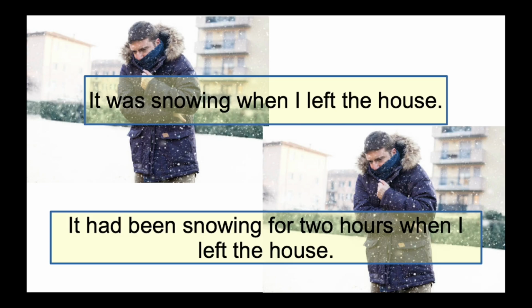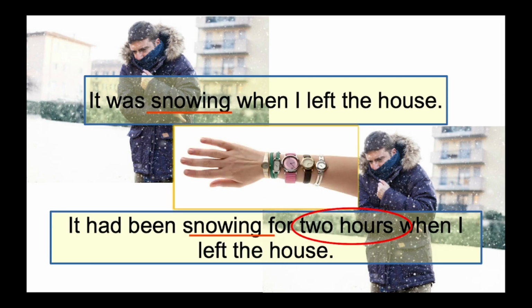Simply put, the difference is, while the past continuous tense merely shows continuity, the past perfect continuous tense shows continuity and puts an emphasis on duration. So we use the past perfect continuous when we want to indicate the duration of a past action in progress.